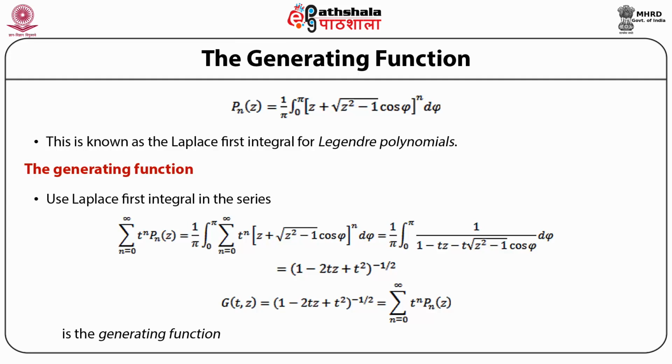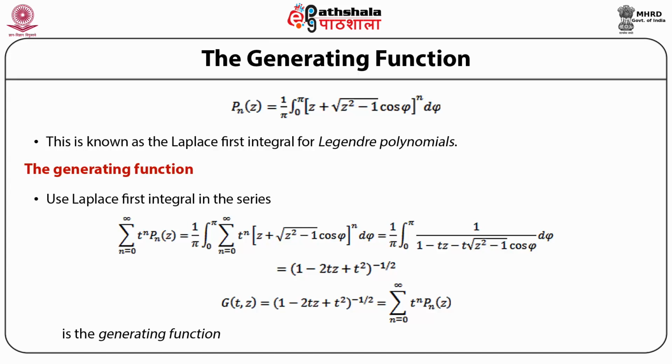It can be shown that the integration and infinite sum can be interchanged so that summation over n going from 0 to infinity t raised to power n Pn of z is equal to 1 by pi definite integral over phi going from limits 0 to pi 1 divided by 1 minus tz minus t times square root of z square minus 1 into cos phi. This is an elementary integral.